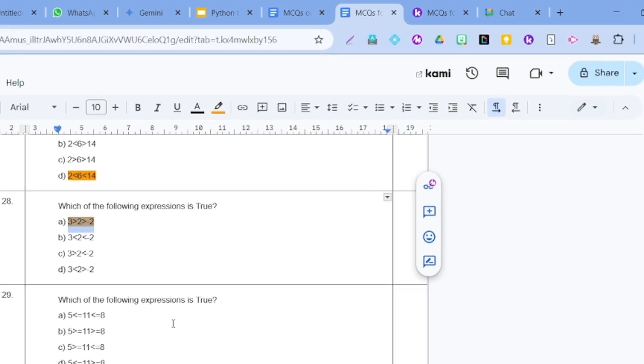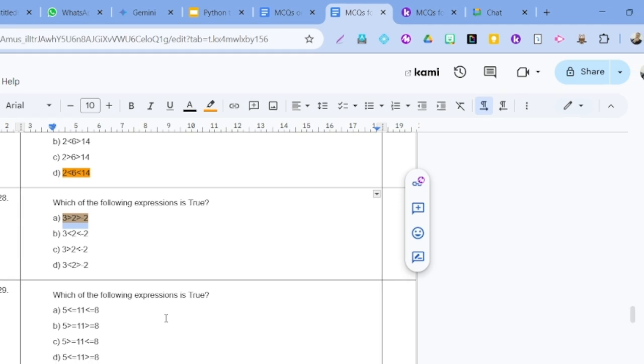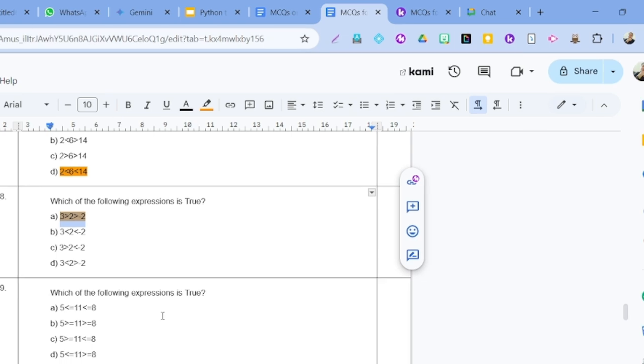Similarly, the second option, 5 greater than 11, so this is false. 5 greater than equals to 11, this is not true. But 5 less than equals to 11 and 11 greater than equals to 8, this option is correct. So option D, I think this is the correct option.